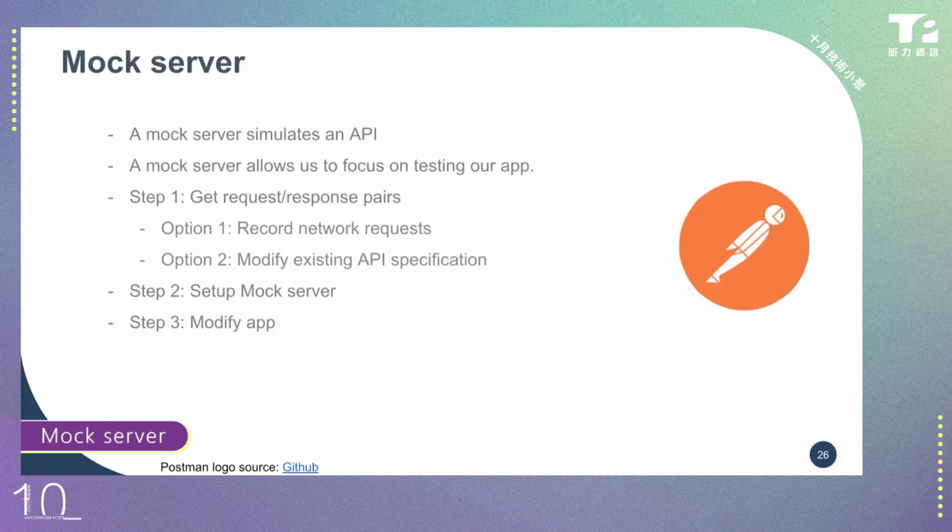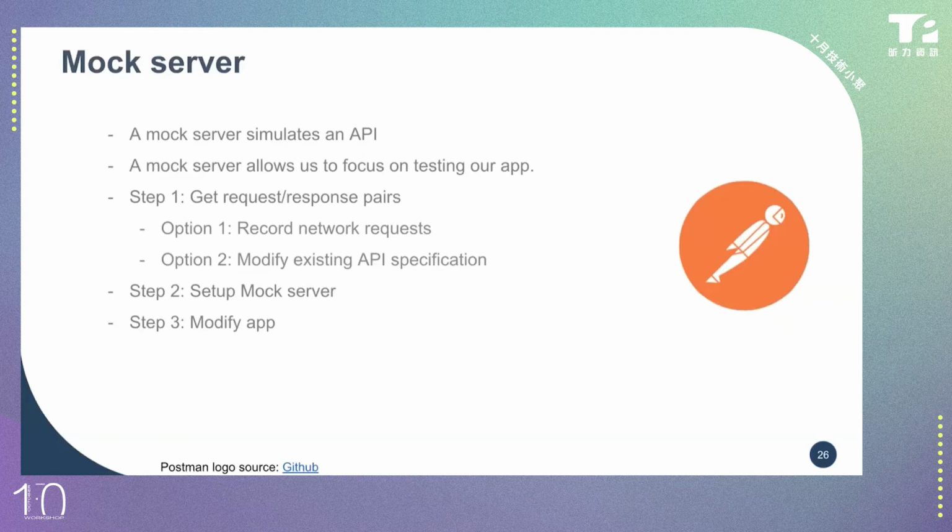Now, oftentimes it's also useful to use a mock server, because currently our UI tests are end-to-end tests. And what this means is that the outcome is not only dependent on our own application that we're testing, but it's also dependent on the backend and the data stored in our database.